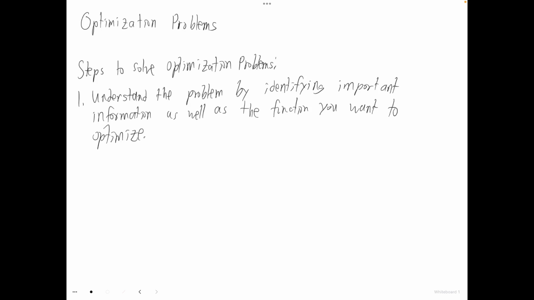So basically understand what you're even trying to do. Again, these steps come from a textbook, so the first step is a little on the nose.